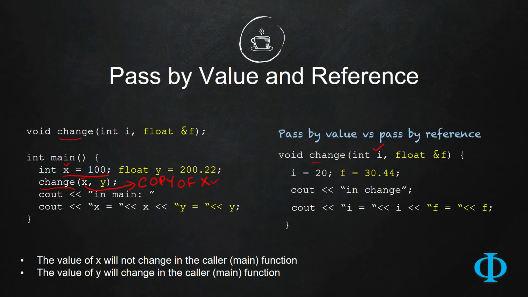But what is pass by reference? Whenever it comes to pass by reference, instead of passing a copy of the value, you basically pass the memory address, the original memory address where the variable is being stored, inside the function.